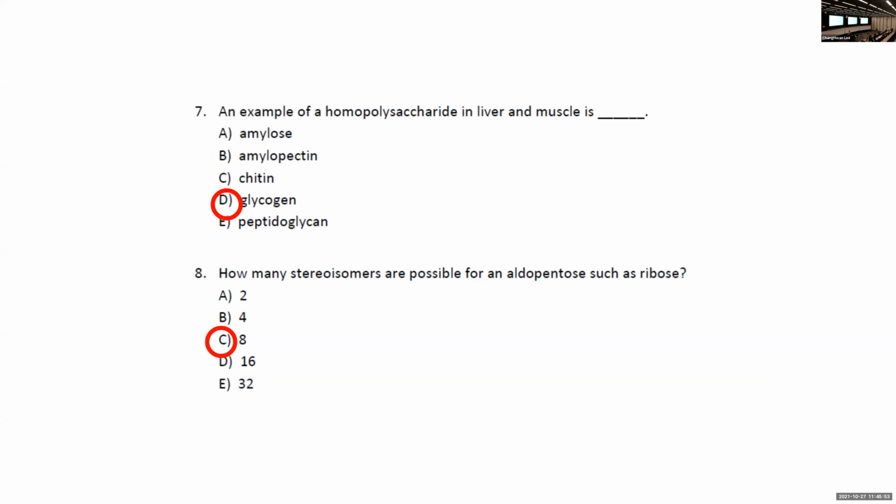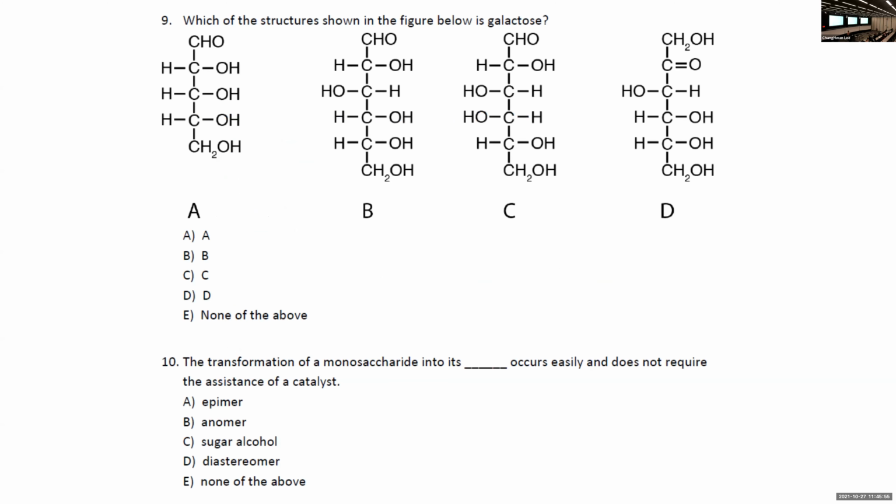All right, so number 9. There's nothing to explain other than that you just identify and distinguish the different sugars. Number 10, B, anomers. I spent quite a bit of time explaining what anomers are, what epimers are, and things like that, right?